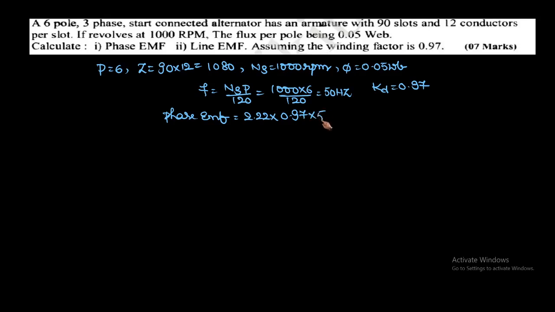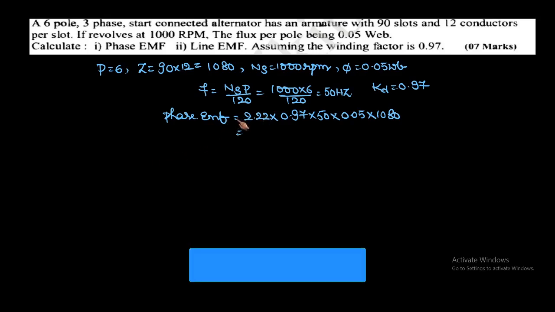Next, frequency is 50 hertz and flux per pole is 0.05 webers, as given. Next, the number of conductors is 1080, that is the EMF per phase. So how much answer are you going to get? That is 5814.18 volts, that is your answer.